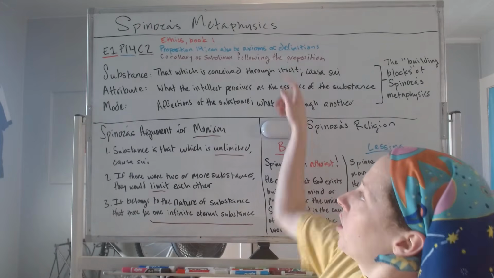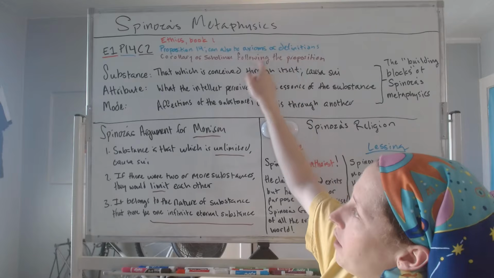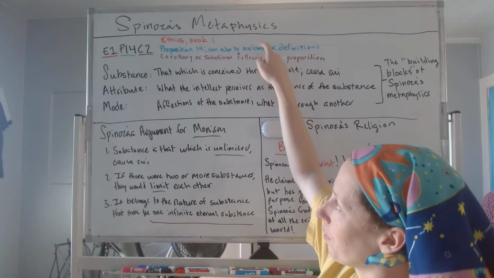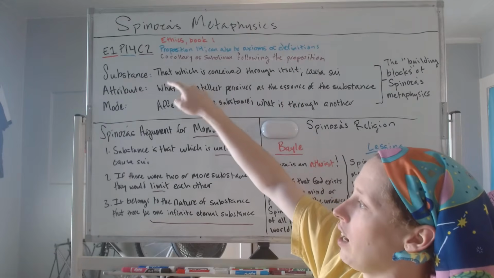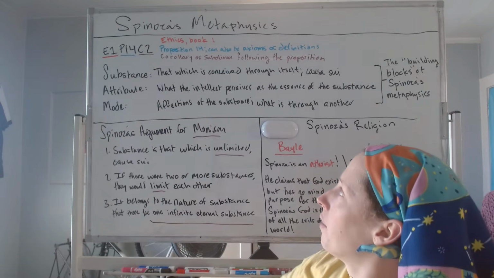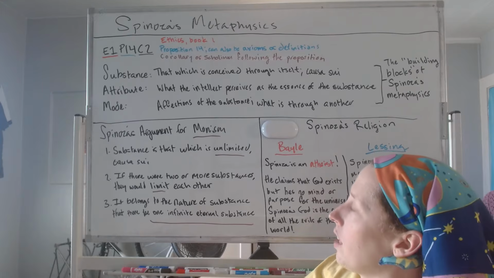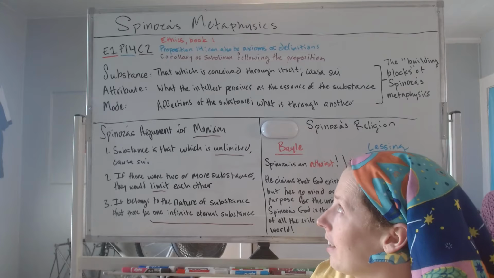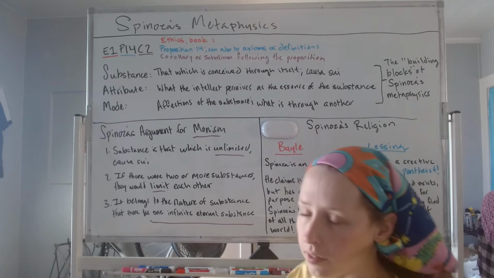But it can also be an axiom or a definition. So E1D1, for example, would be the first definition of book 1 of the Ethics. So that's what that second little segment of a letter and a number refers to.